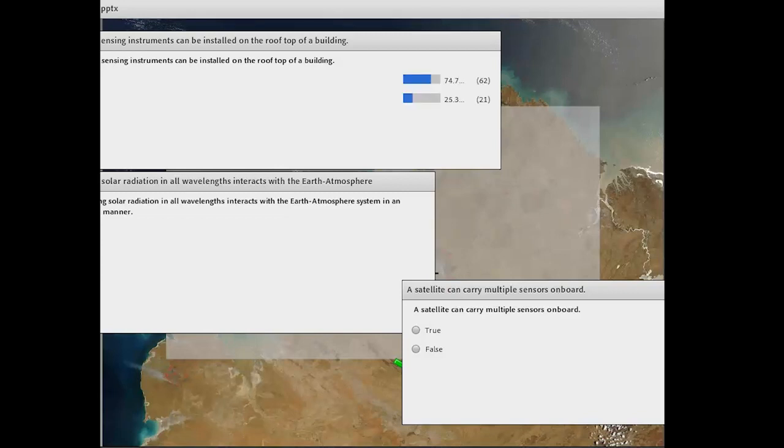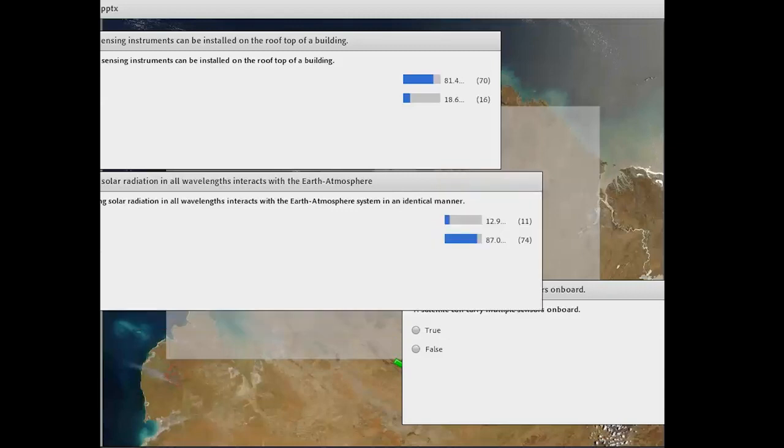Okay, so the first question: a remote sensing instrument can be installed on the rooftop of a building. The answer is true. Again, it depends on the instrument, the technical aspects, and what we are trying to do. The second question: incoming solar radiation in all wavelengths interacts with the Earth atmosphere system in an identical manner. This is a false statement.